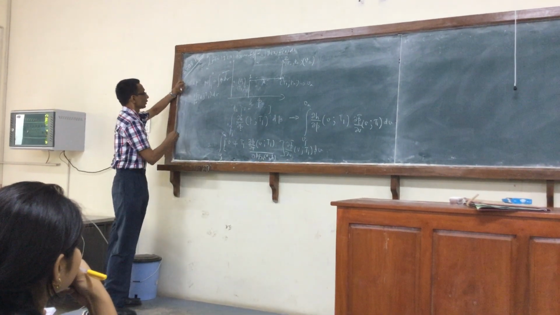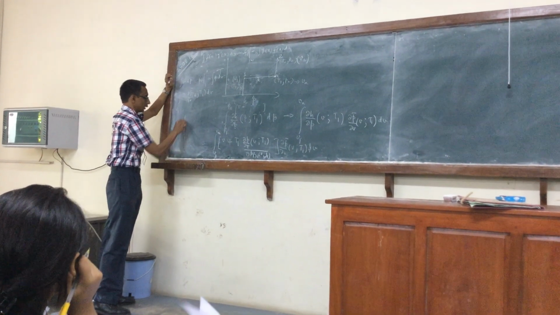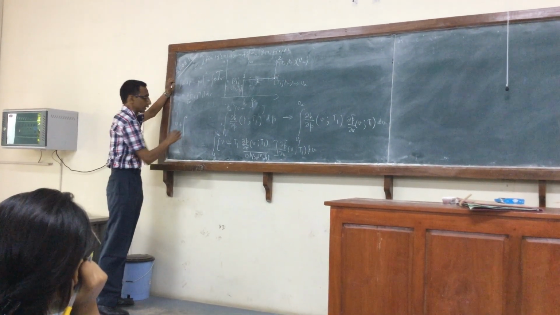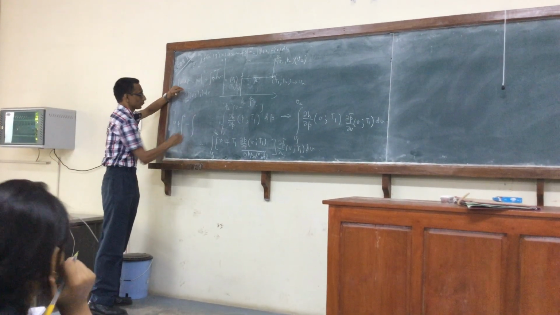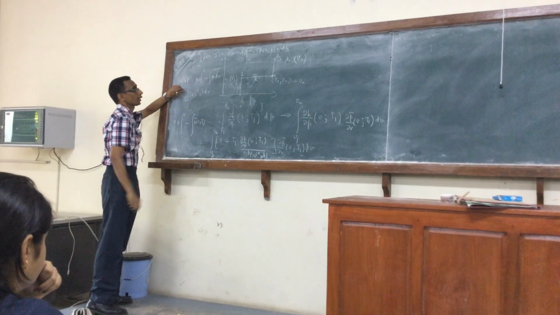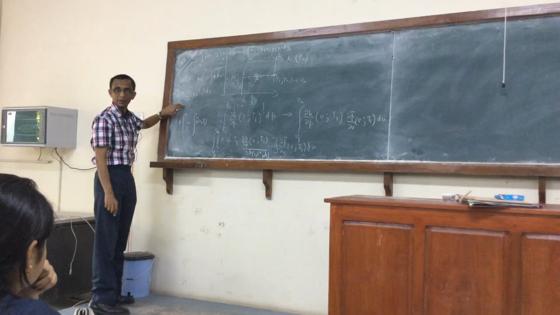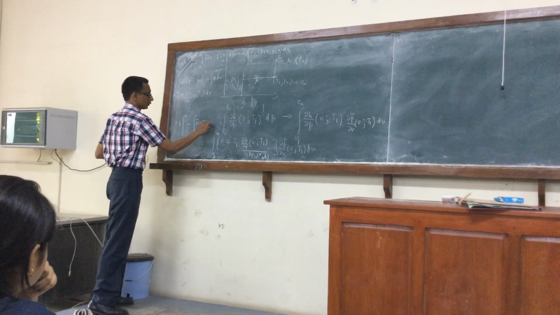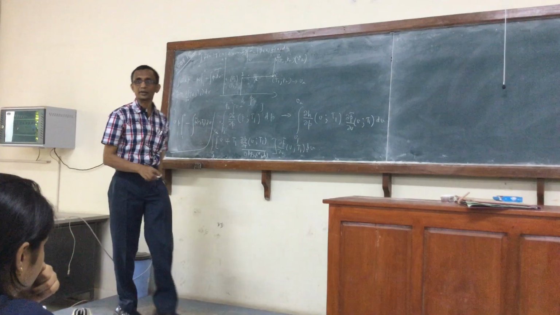So this would again be P times V between the two limits 1 and A, minus the integral. So g of x is simply P. F prime of x is dV by dV, which is 1. So this will simply become this, and we recover the same formula as we had.